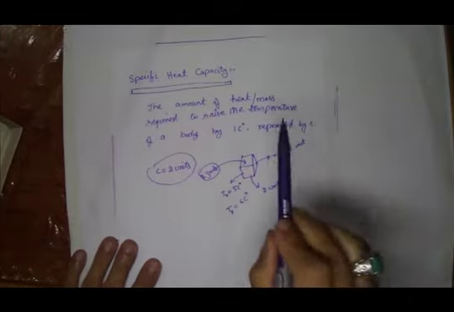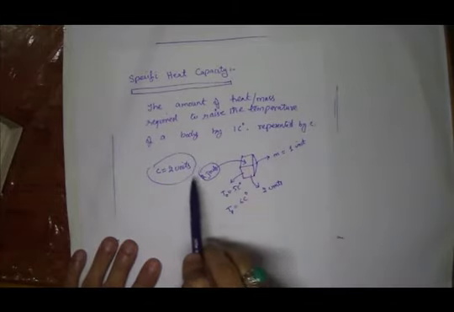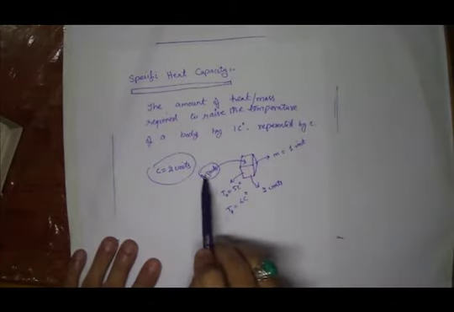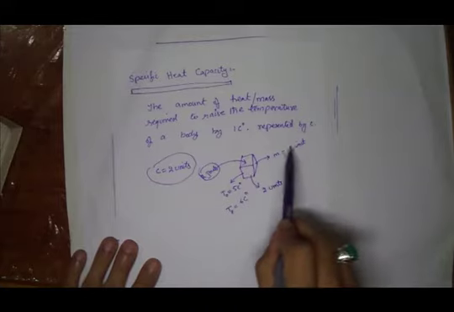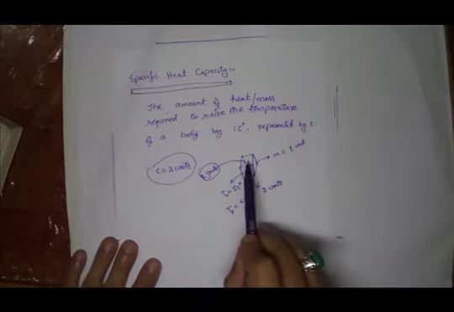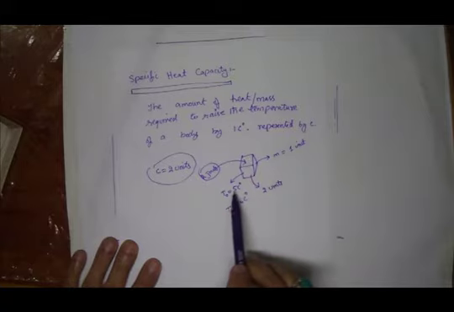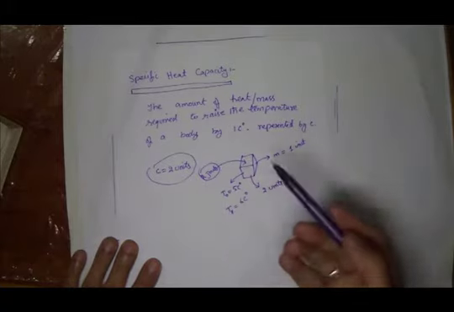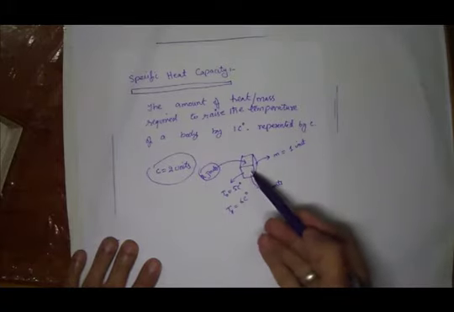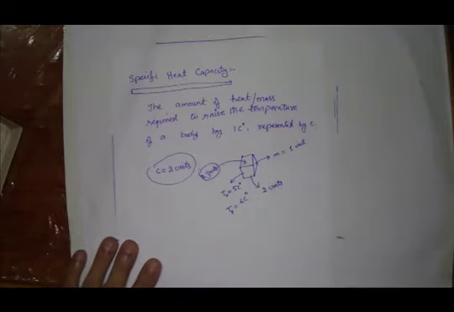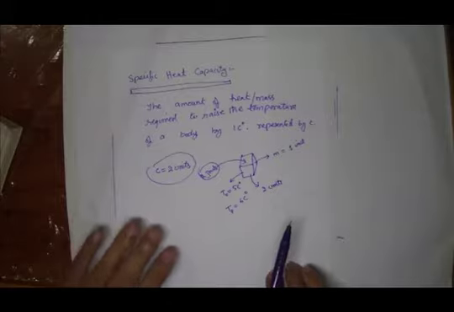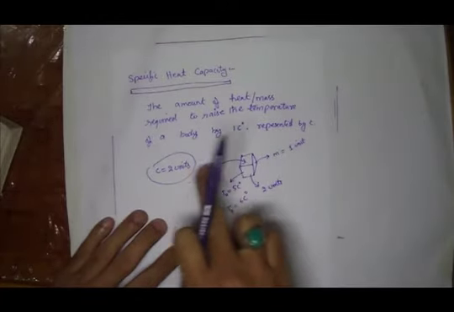Now, if the specific heat of the object is 3 and we provide 3 joules of heat to this object of unit mass, then the temperature of this object will increase from 5 to 6. If it is initially at 50 degrees centigrade, then it will be increased to 51 degrees centigrade. So this is basically the interpretation of the specific heat capacity.